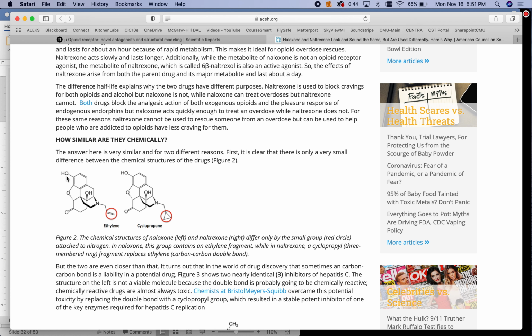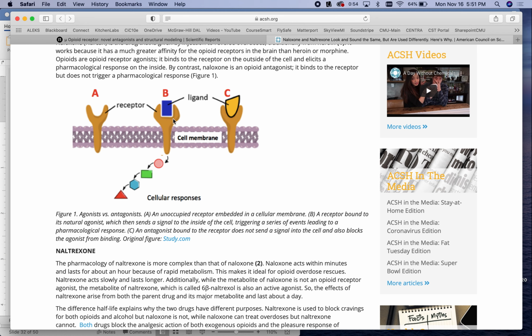And so people can be revived. I think it all depends how long since they have ingested that drug. There's a time window where that drug can kick this one off, and then the person can not die from that overdose.